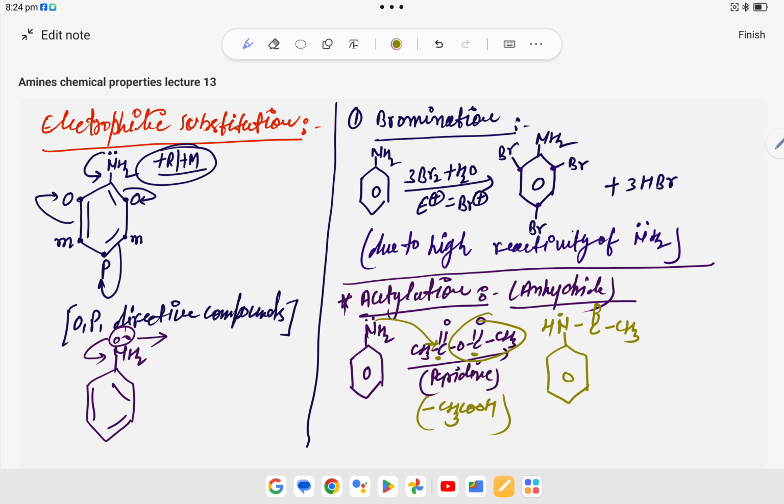So still this nitrogen has a lone pair, but this time the lone pair is busy on this side. They will shift here and the pi electrons will shift onto the oxygen. So one more resonating structure you can draw. So the lone pair electrons are busy on this side. So by acetylation you can form a monosubstituted compound. So check the bromination once again.